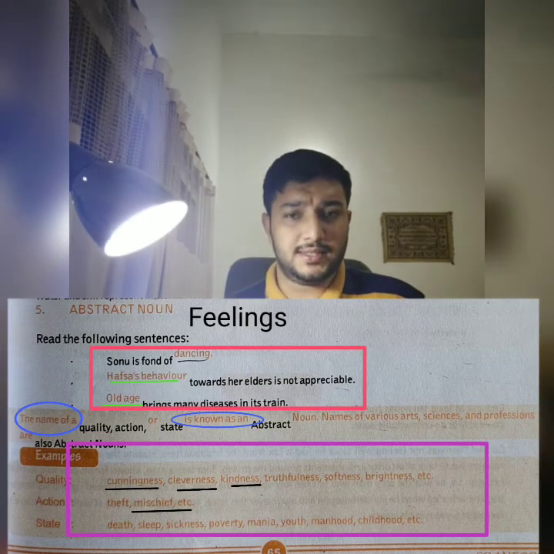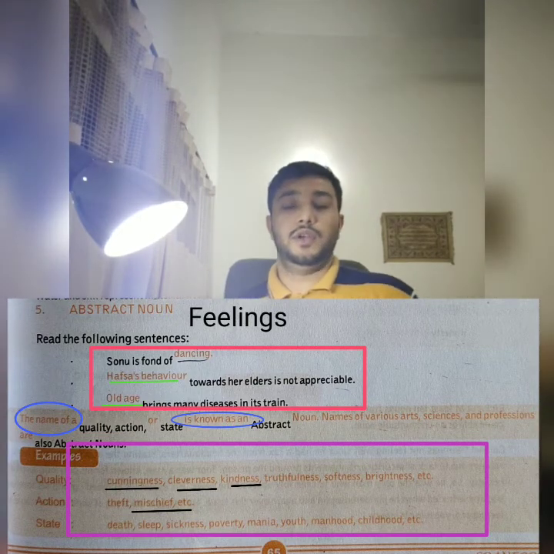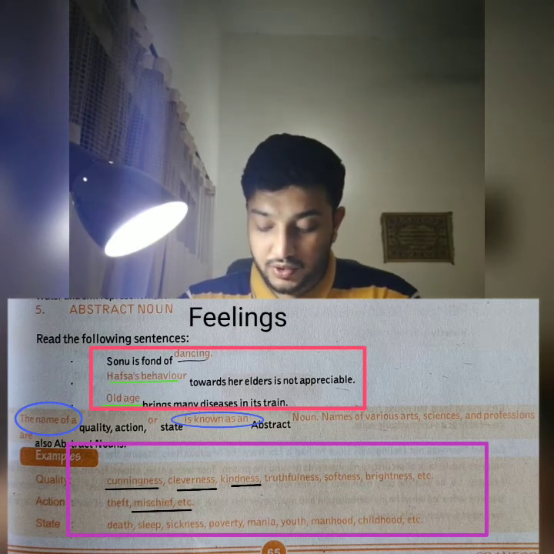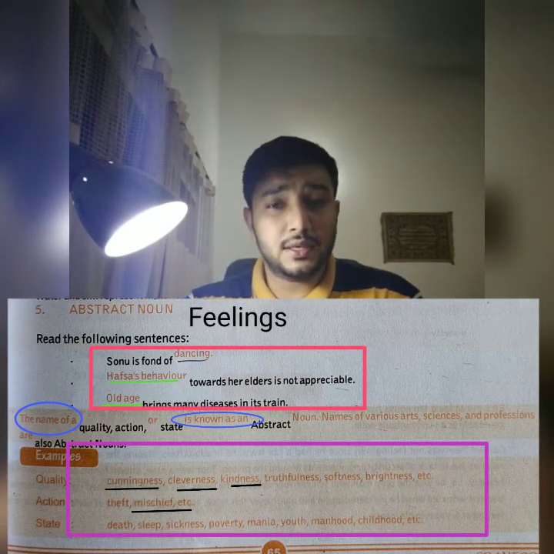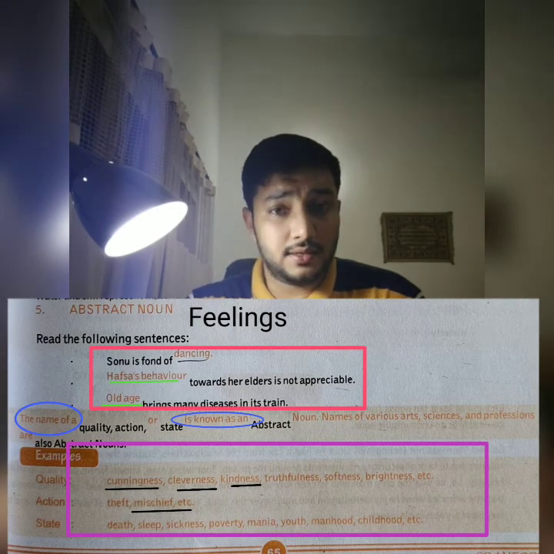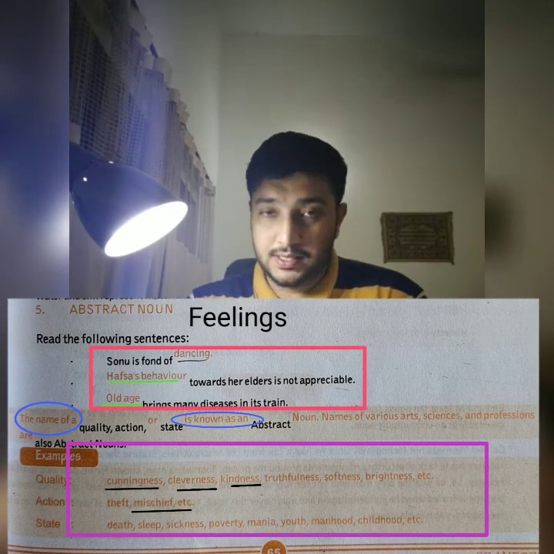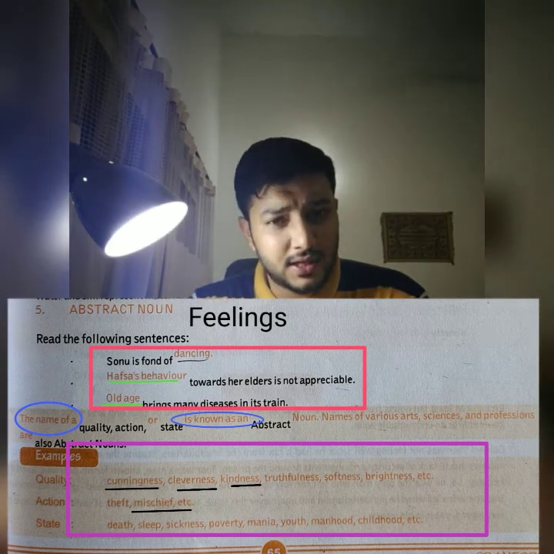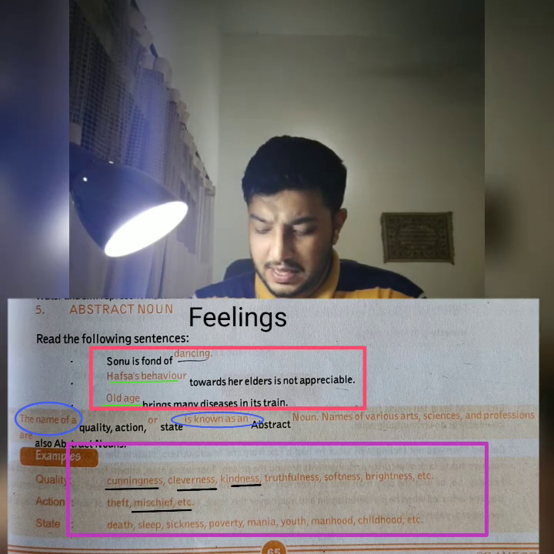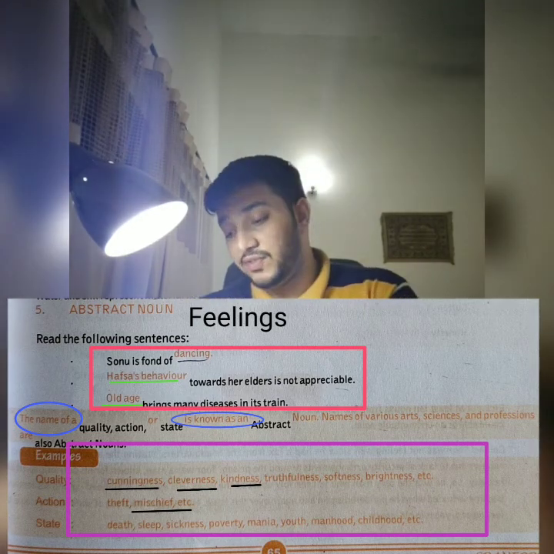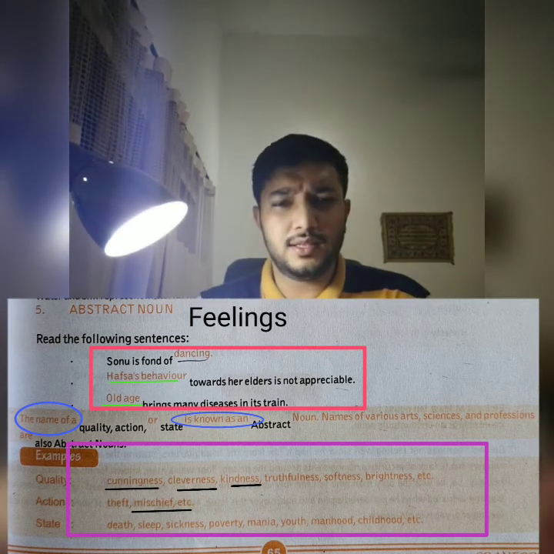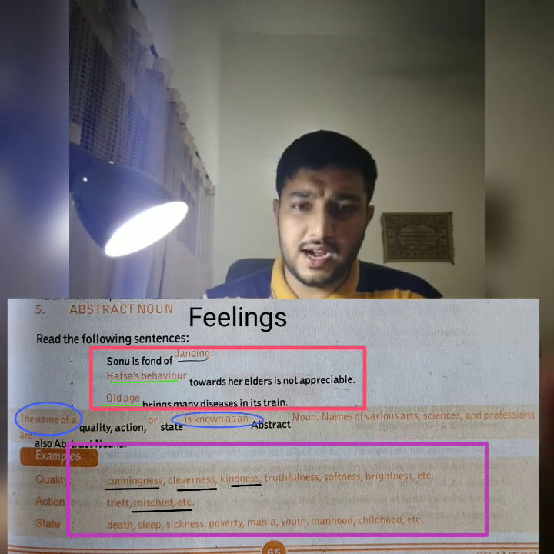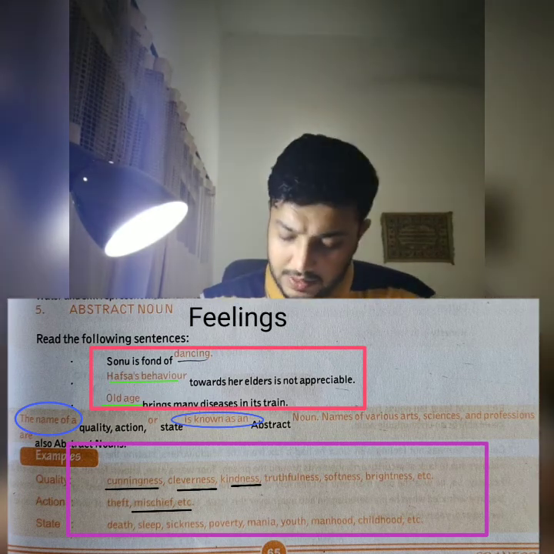That is in your senses, and you feel it yourself. When you talk about quality, cunningness, it is a sense of a person, that he is a cunning person. You sense it. Cleverness is also a quality of a person. Kindness, truthfulness, softness, brightness, these are other qualities of a person. When you feel it, that comes under abstract noun.